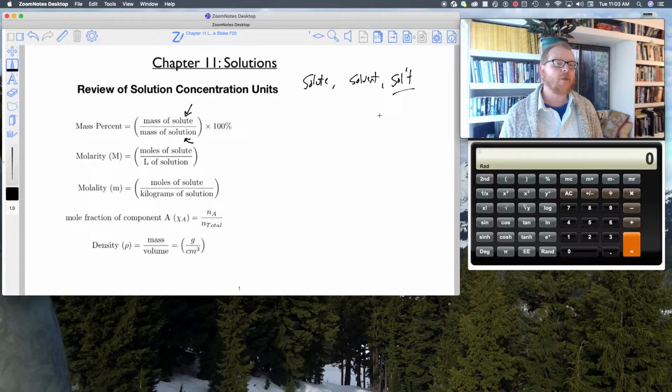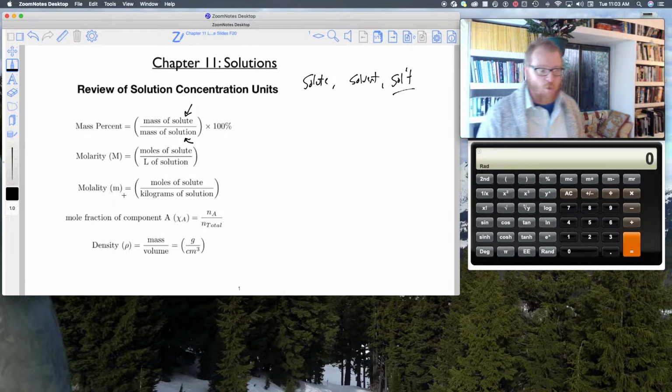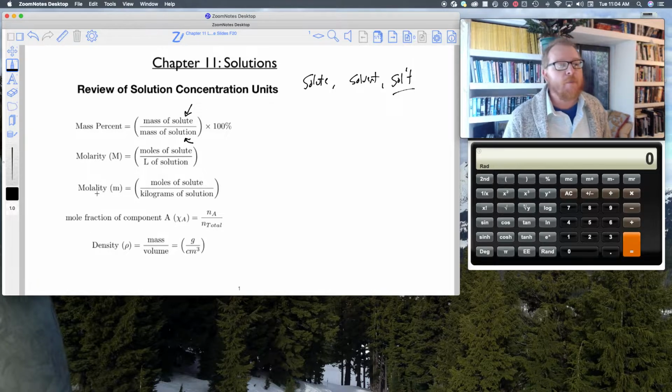Okay. So we've used molarity quite a bit this semester. Moles of solute per liter of solution. But we're going to introduce one new solution concentration, which is molality.